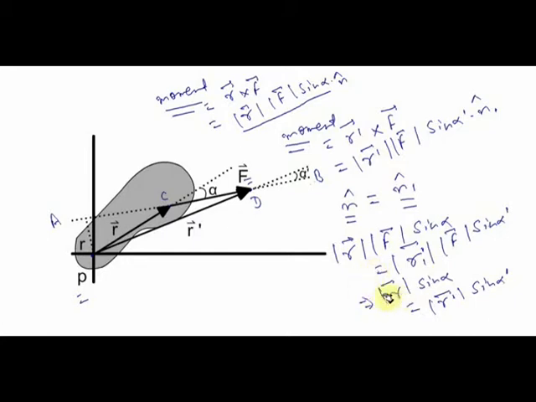If this equality holds good, it will mean that these two moments, that is r cross F and r dash cross F, are equal.